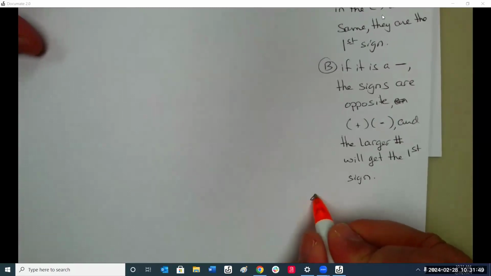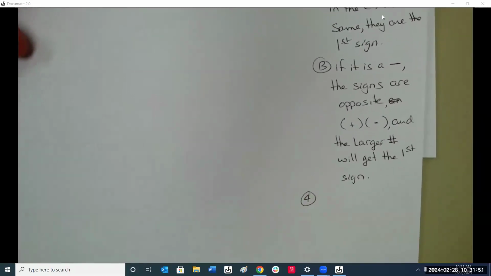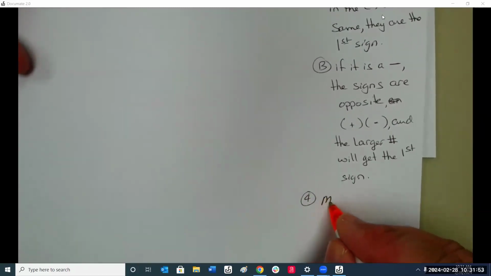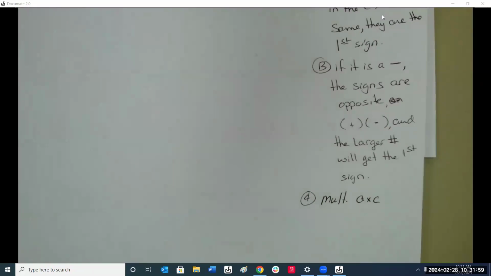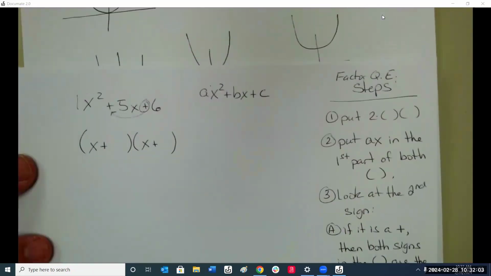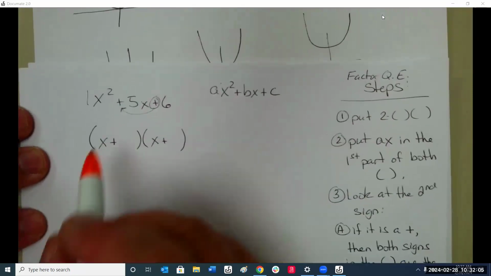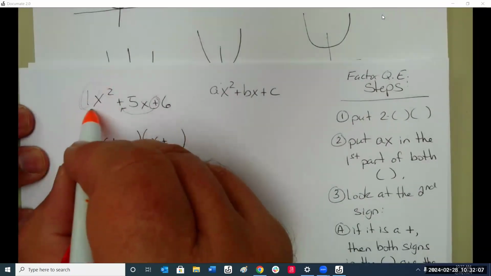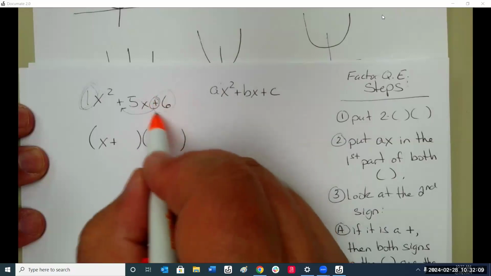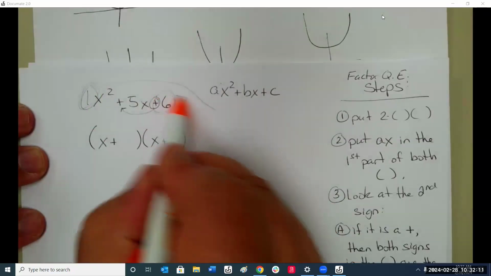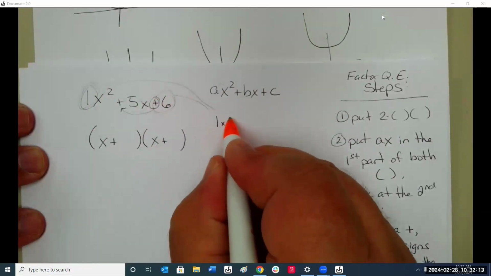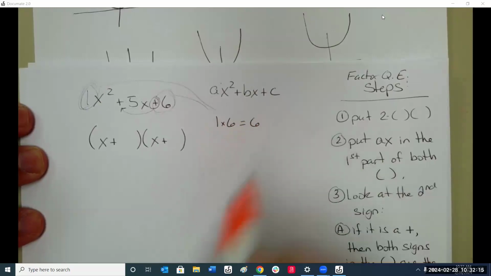Now step 4. Multiply A times C. So what that means is multiply the first number times the last number. So 1 times 6 equals 6.